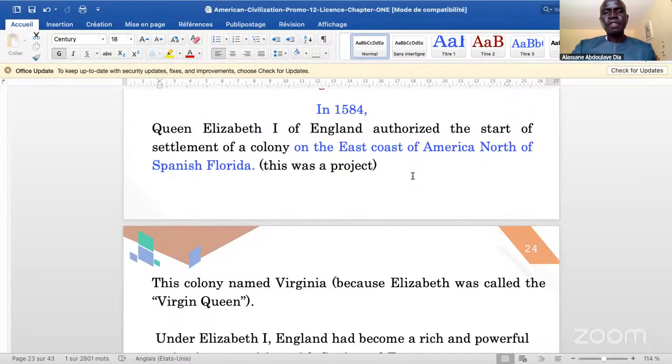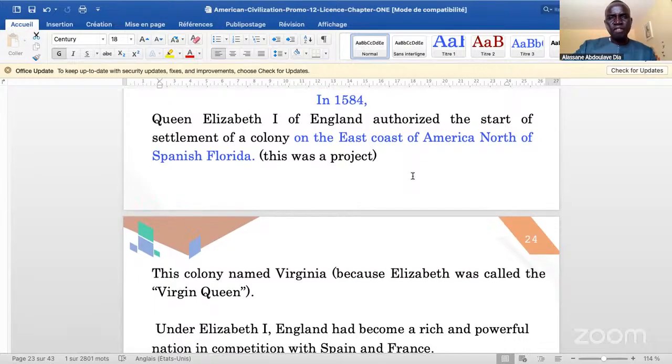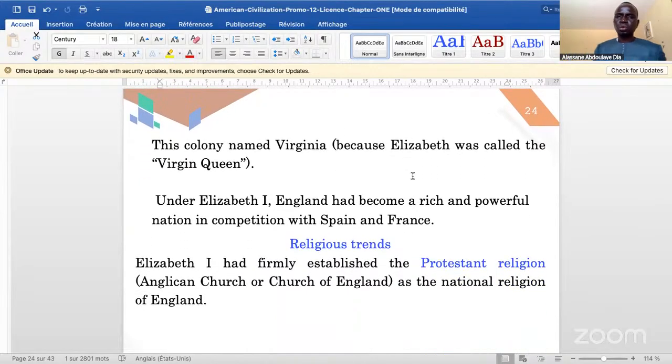At this time of history, it was Queen Elizabeth I who was the Queen of England. She wanted to have a project, and as the Spanish have occupied Florida, why not go to the east coast of North America? Because other countries of Europe like Spain, Portugal, and France have gone, England also has to go.